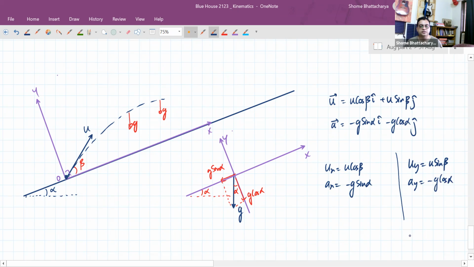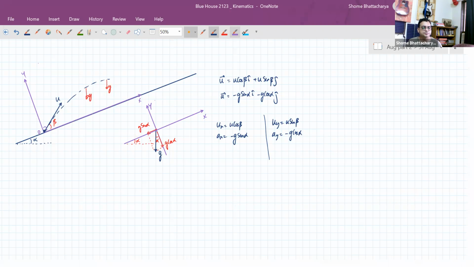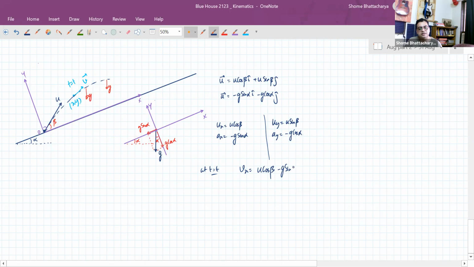Now both of these are uniformly accelerated motions, both with negative acceleration. So at some time t, the projectile is here, and the velocity components are vx equal to u cos beta minus g sin alpha t, and vy equal to u sin beta minus g cos alpha t.